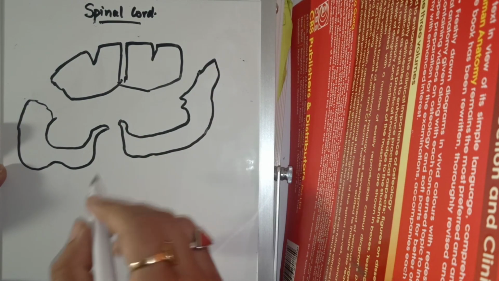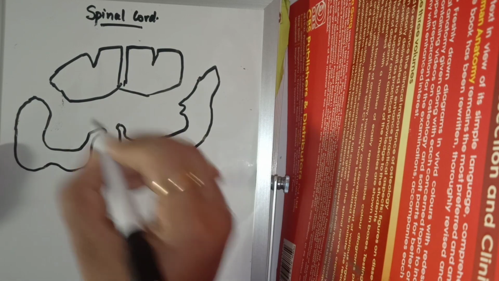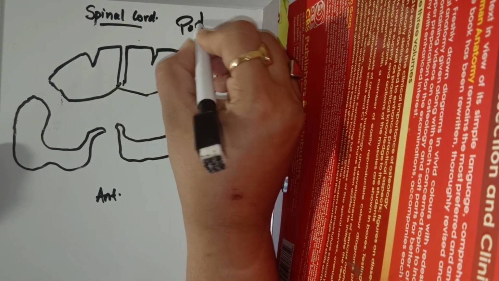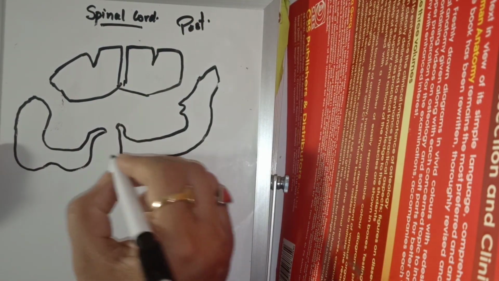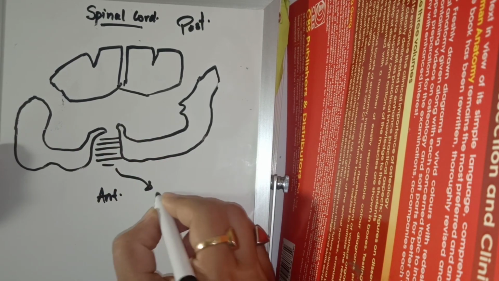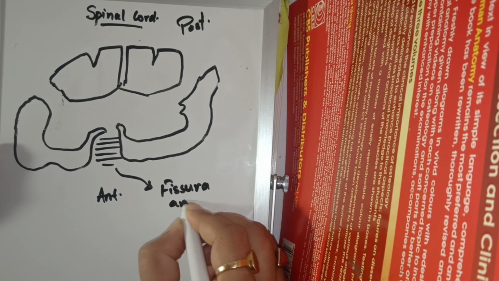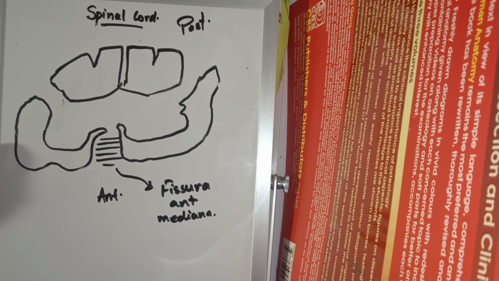This is a diagram of the spinal cord. This is the anterior side and this is the posterior side. Here you can see a space, right? This space is known as fissura anterior mediana, or the median fissure of the anterior part.